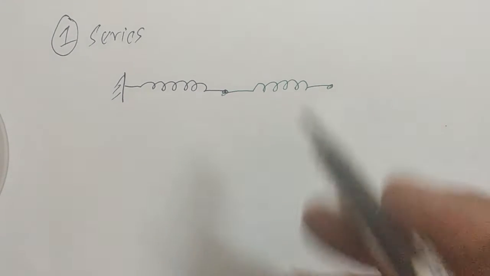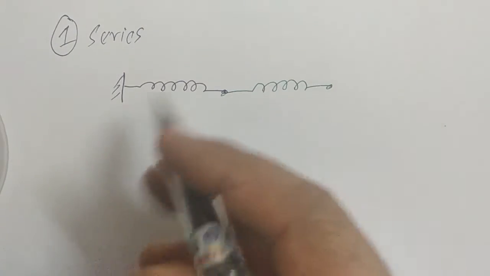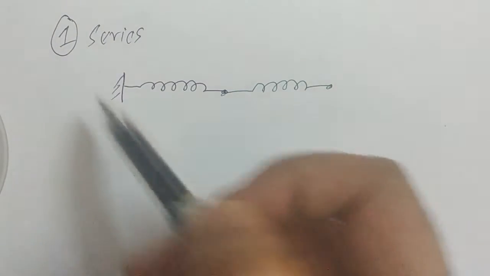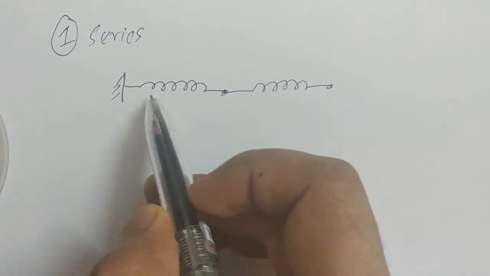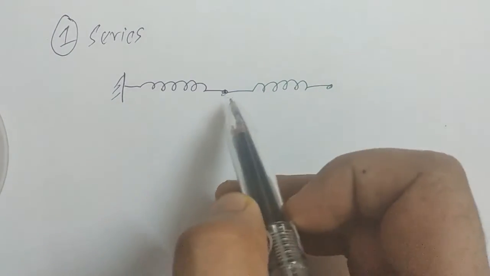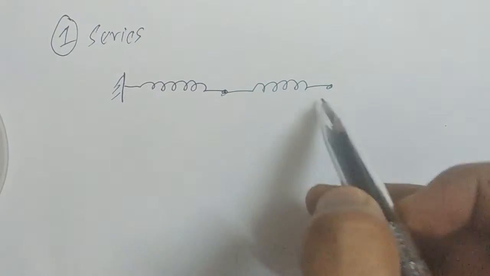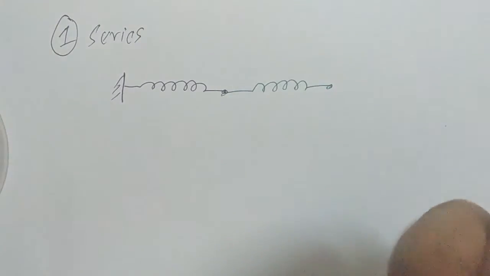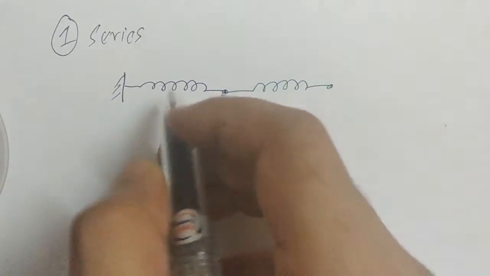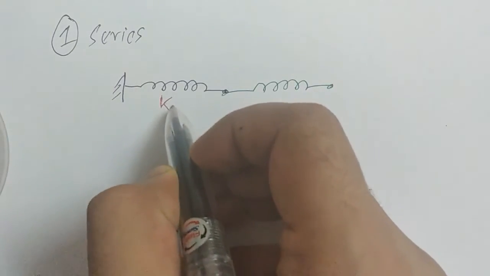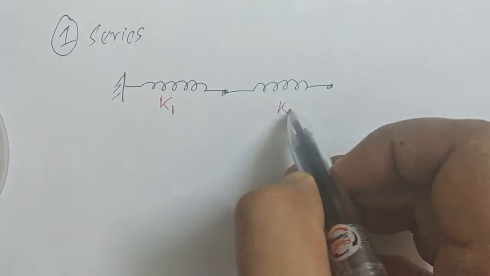Now let us investigate this situation where we have springs in series. Let this be one spring which is connected in series with another spring, and the spring constant for this spring is K1, and for this spring it is K2.